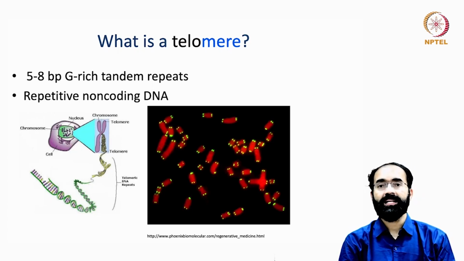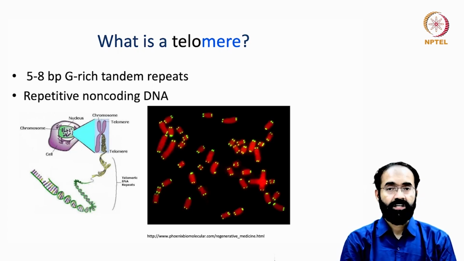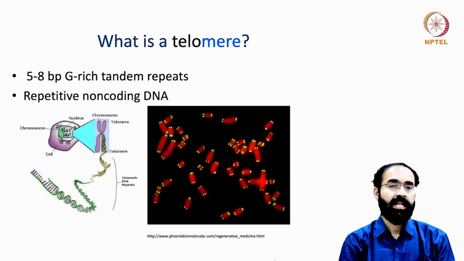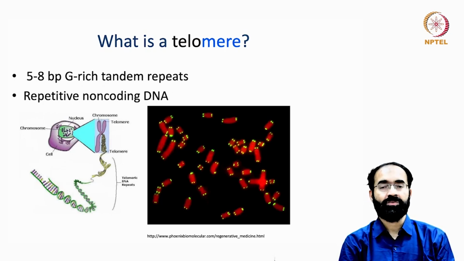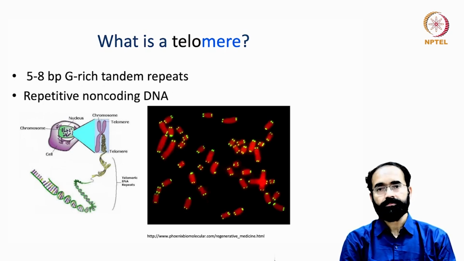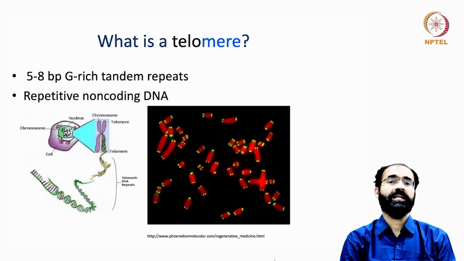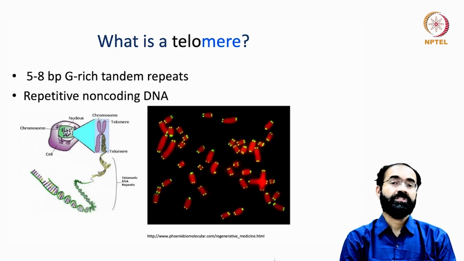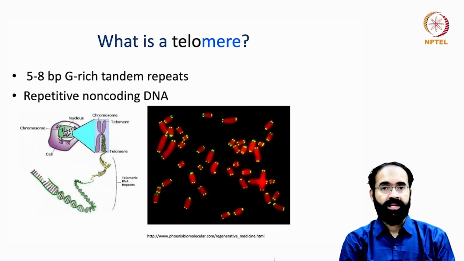Because of that, you have long stretches of telomere repeats. The error, the end replication problem, or the reduction in length is occurring to the telomere, not to the actual gene or the actual genetic information present in the DNA. That is why at birth we have around 11 kb of telomere, but it becomes 4 kb in old age.